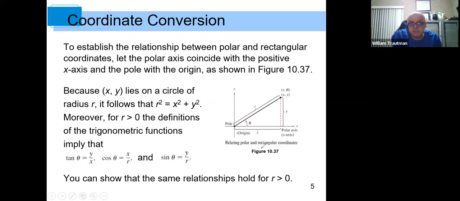And finally, sine theta is opposite over hypotenuse, y over r. So these are just basic trig functions we need to know.